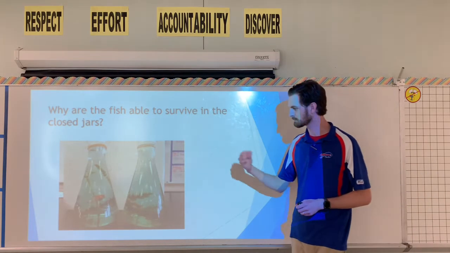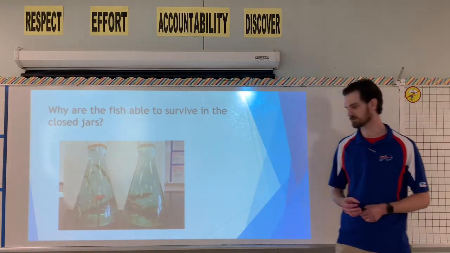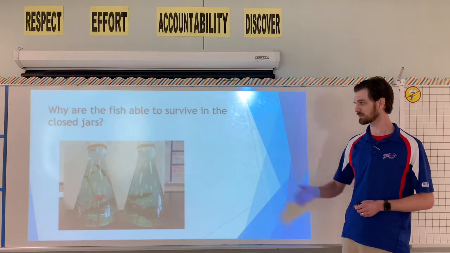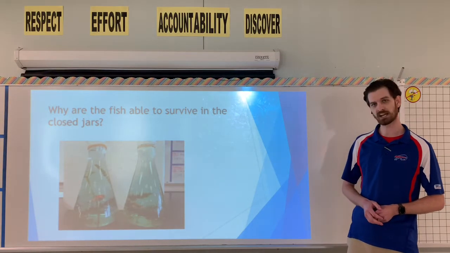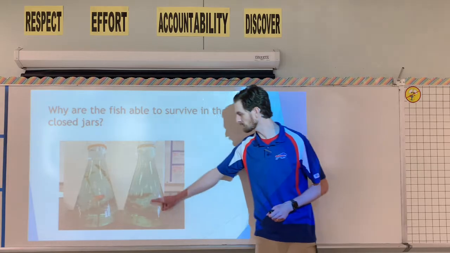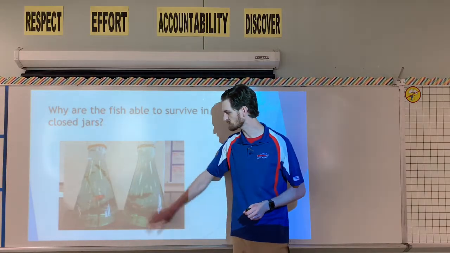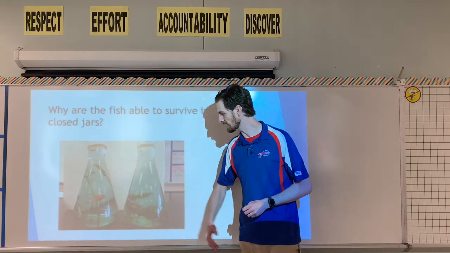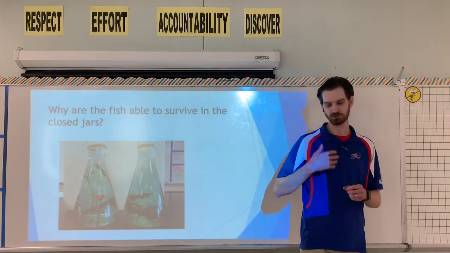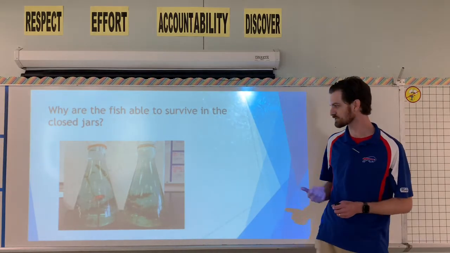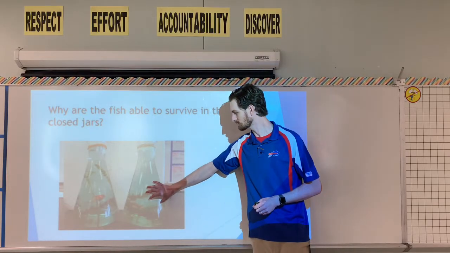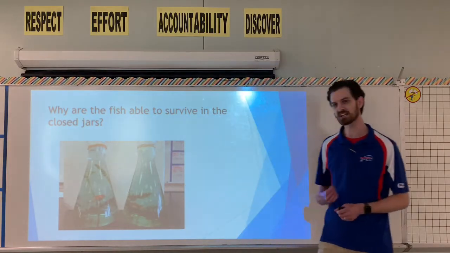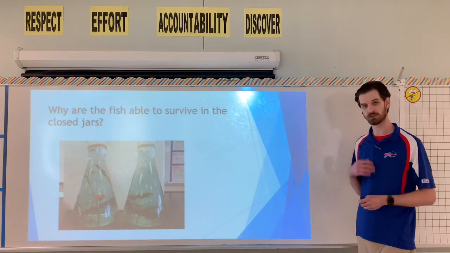But if I feed them and provide them nutrients through food, those 2 can survive without any mixing of the atmosphere in here. And that's because the plants will actually take the carbon dioxide that's produced by the fish and use that to not only do their photosynthesis, but also produce oxygen for not only the fish, but themselves. They do need the oxygen that's in there as well for them to grow.